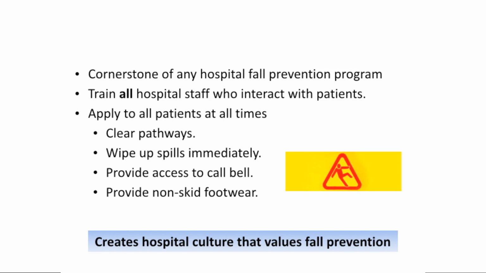So we keep our pathways clear, we wipe up spills immediately, make sure patients have access to their call bell, and we provide non-skid footwear. Having everybody buy into these and practice universal fall precautions creates a hospital culture that values fall prevention.